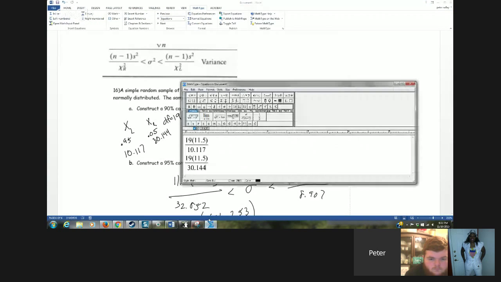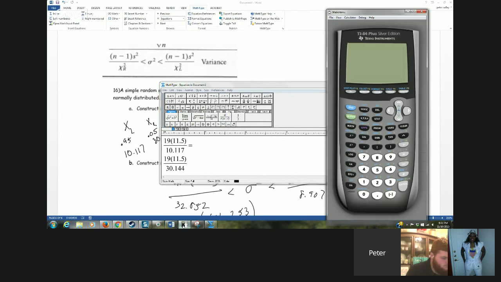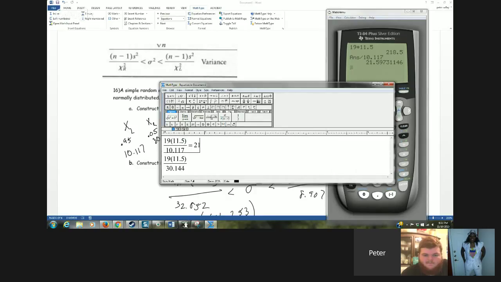All right, so I want to type that in the calculator. 19 times 11.5 divided by 10.117, and I get 21.59.